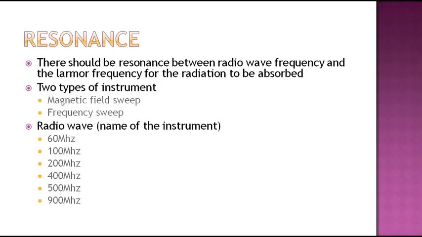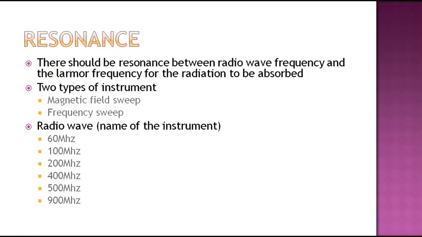And therefore, there are two types of instrument. Keeping the radio wave constant and sweeping the magnetic field is one technique. Another technique is keeping the magnetic field constant and sweeping the frequency.